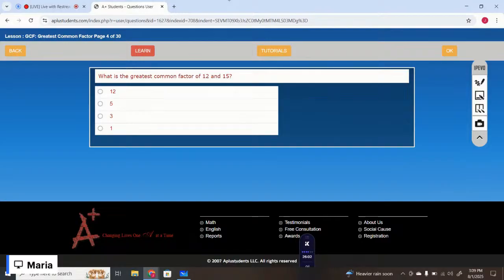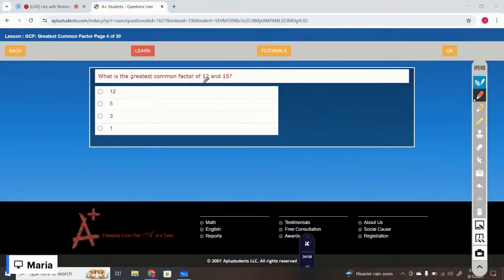What is the greatest common factor of 12 and 15? Let's write down their prime factors. 15 is 3 times 5, and 12 is 3 times 2 times 2.